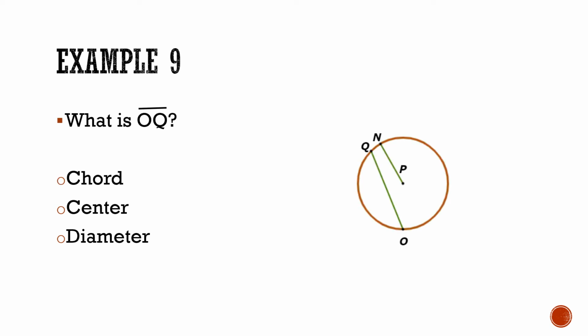What is line OQ? So OQ is going from one edge of the circle to the other edge of the circle. So is this diameter or is it a chord? Since it is not passing through our center, then it is a chord.